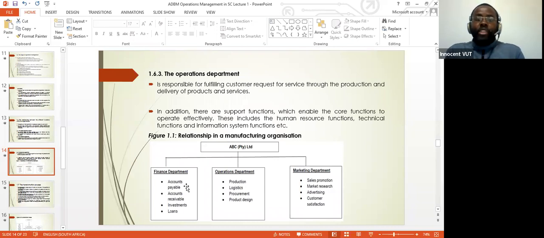And then we have the operations department: production, logistics, procurement, product design. And then we have the marketing department. We're talking of sales promotion, market research, advertising, customer satisfaction. This is what falls under each of the three major departments.